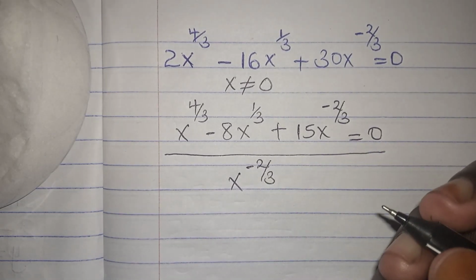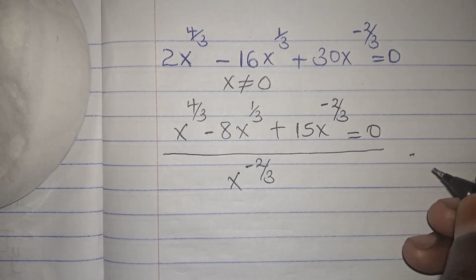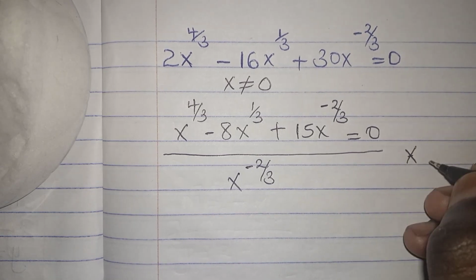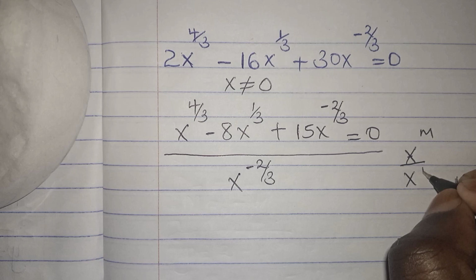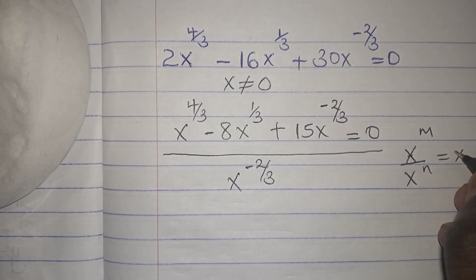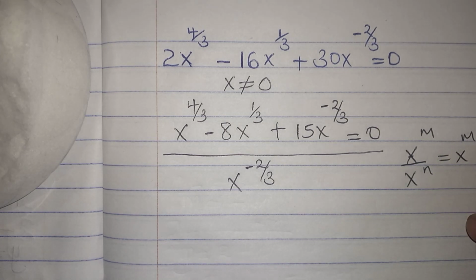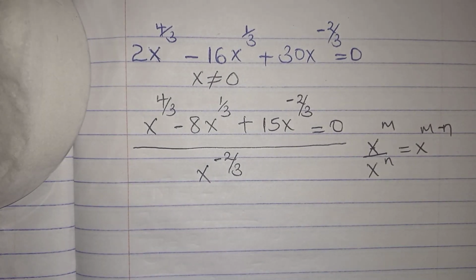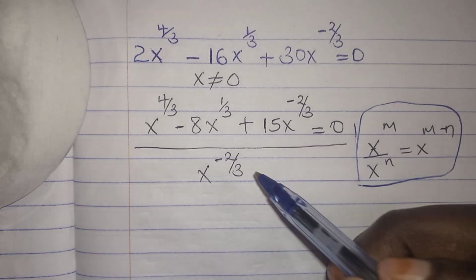If you can remember this exponential rule, let me write it: if you have x to the power of m over x to the power of n, we can as well write it as x to the power of m minus n. So this is an exponential rule that we are going to apply here.